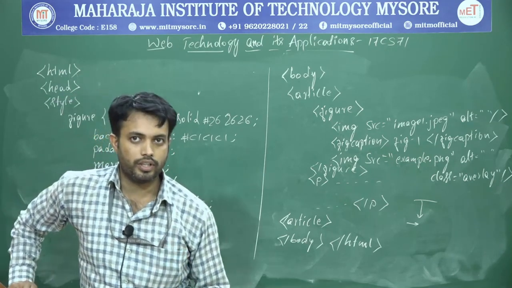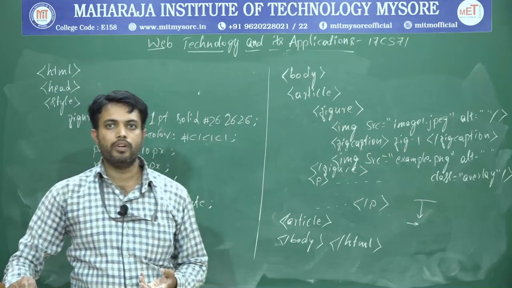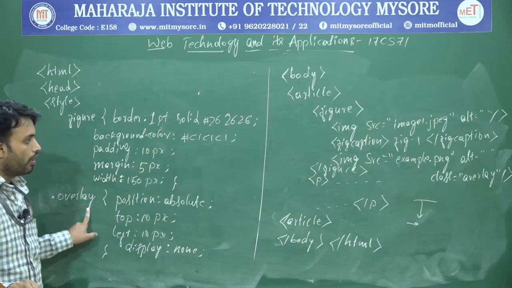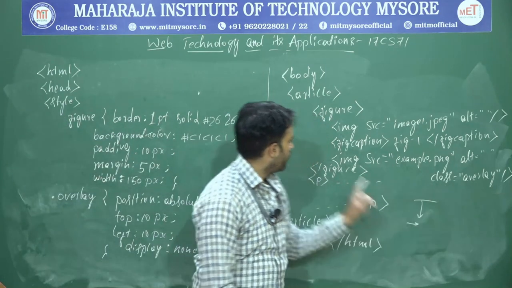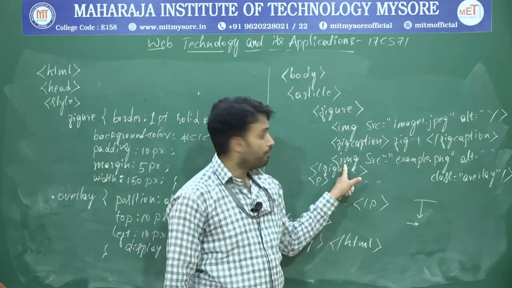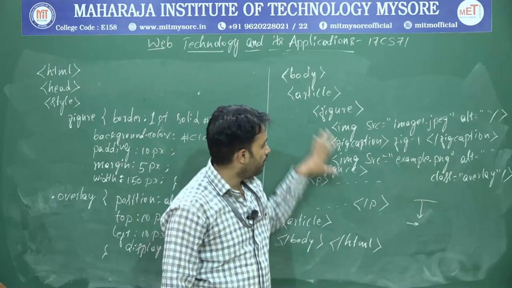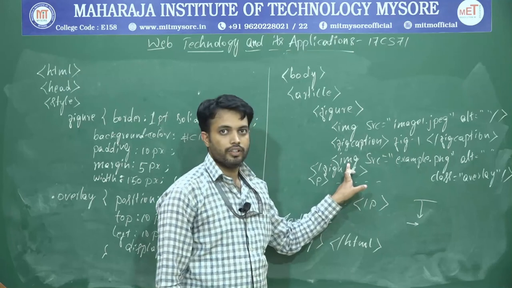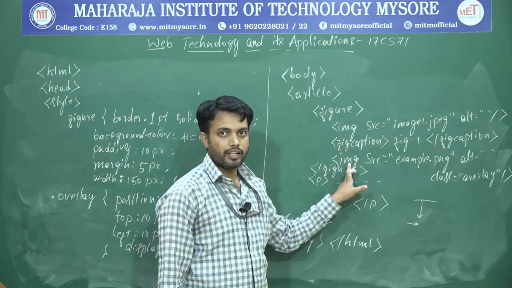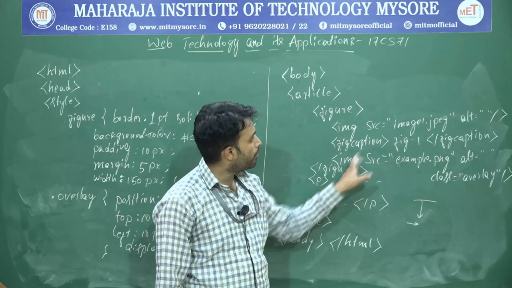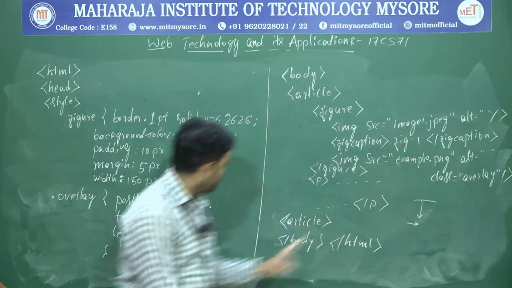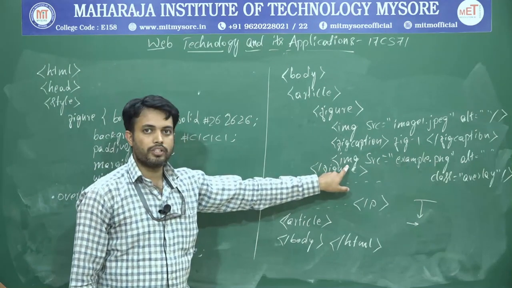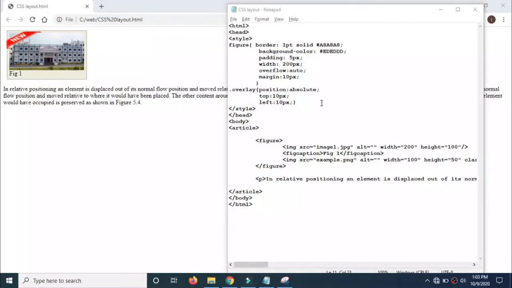Even though we have that image, it won't display on top of another image. I have written display none for the class overlay, and this overlay class is for the second image within this figure. So display none means it won't display the second image. Actually this image is overlapping the first one, but now since I have made it display none, the second image is not displaying.